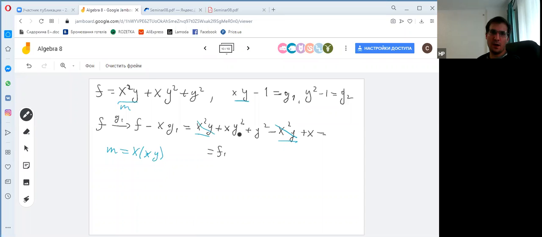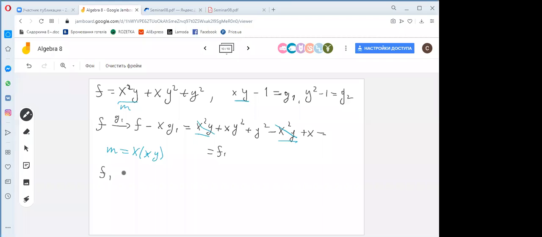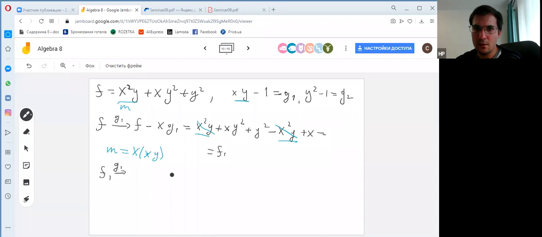So, can we reduct this polynomial f1? We can do it by g1 again. And what term? The first one, yes? This one.